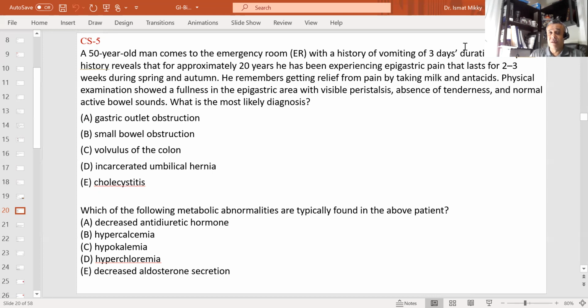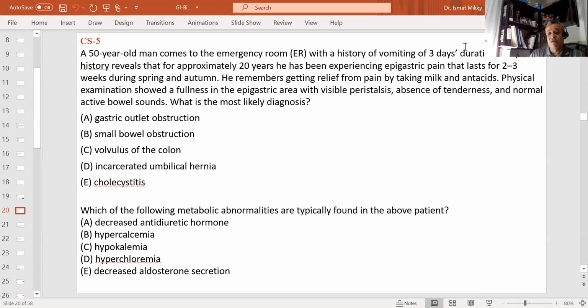Loss of hydrogen ion, potassium, and chloride in the vomitus, or the vomited gastric contents, leads to alkalosis, hypokalemia, and hypochloremia, not hyperchloremia, hypochloremia. In response to the hypovolemia, the adrenocortical and renal mechanisms are stimulated to conserve sodium at the expense of potassium and hydrogen ions.